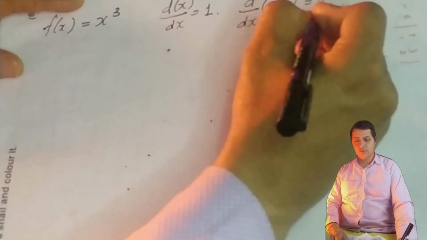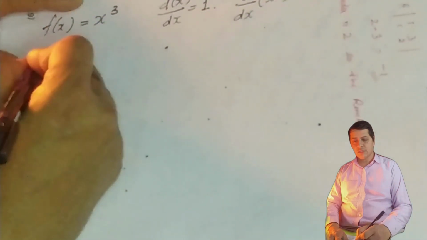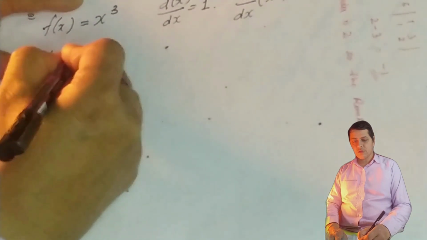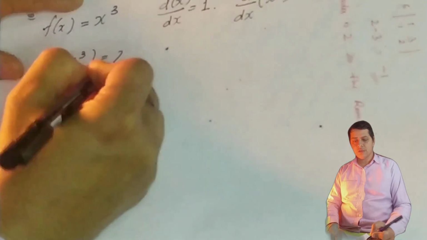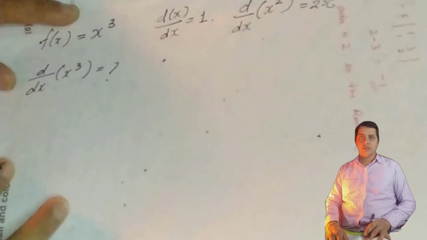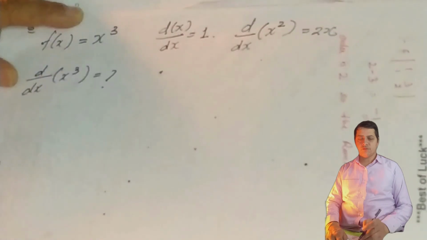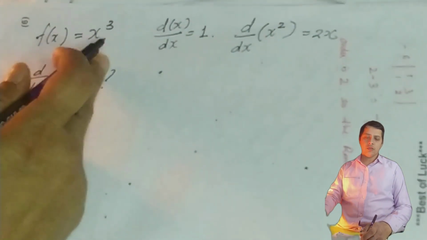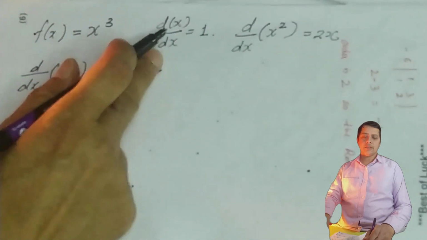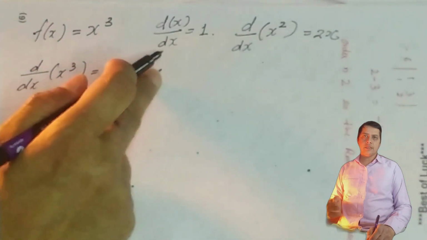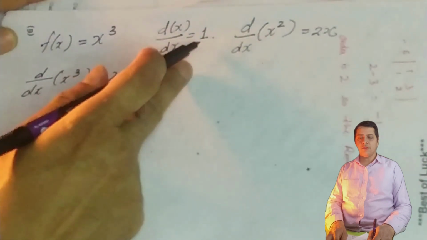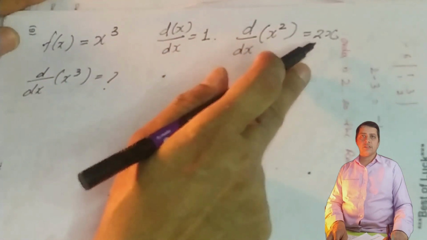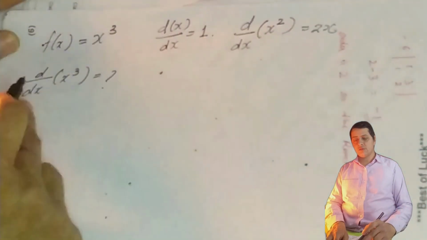And now the last one is d by dx of x to the power of 3, which is what we are trying to find out, friends. Here f(x) is x cube.